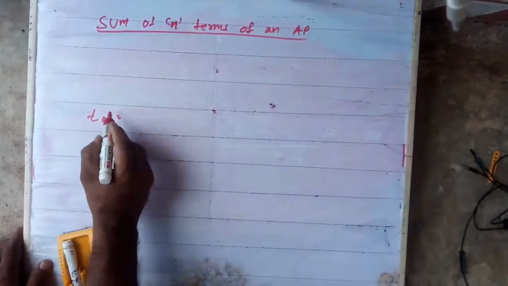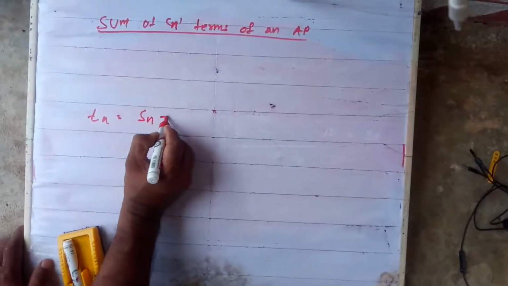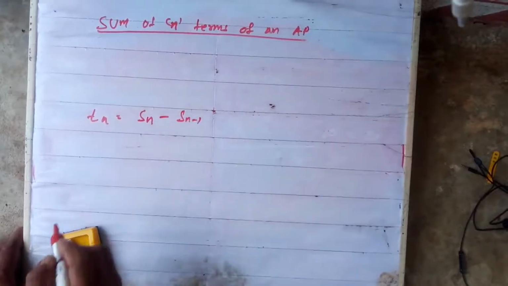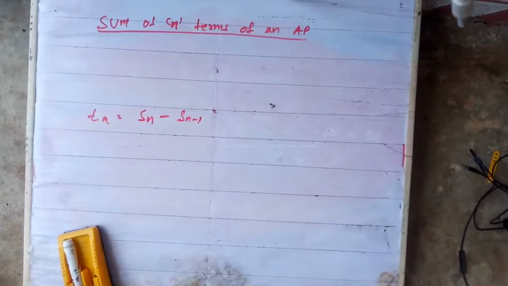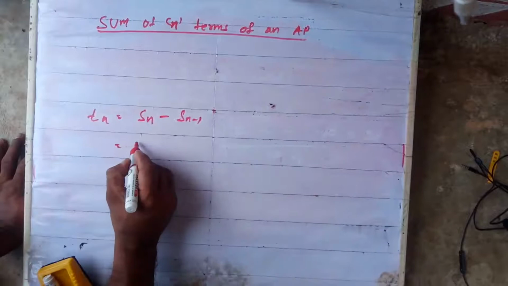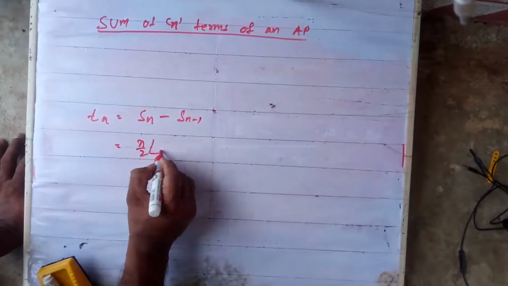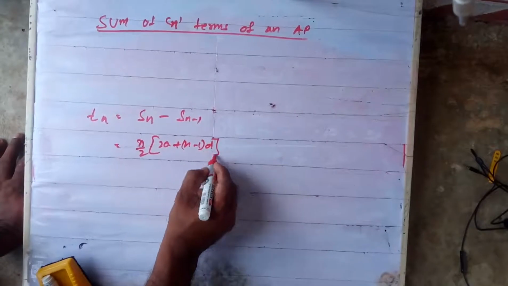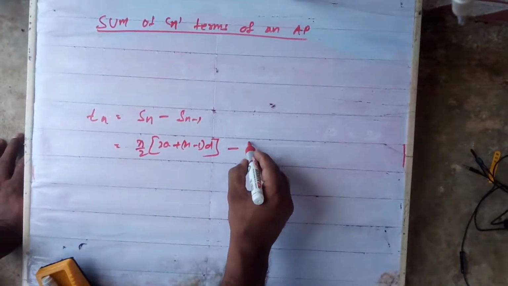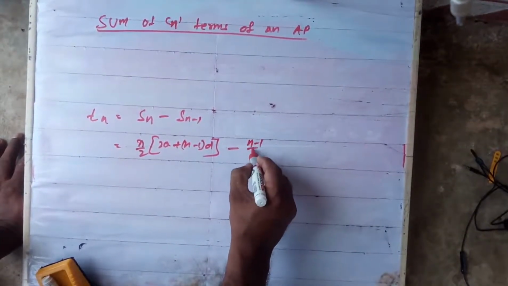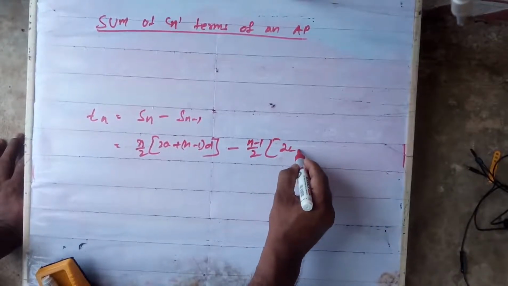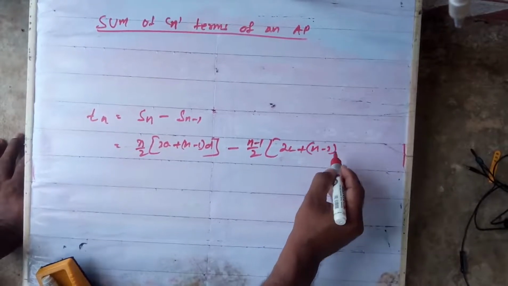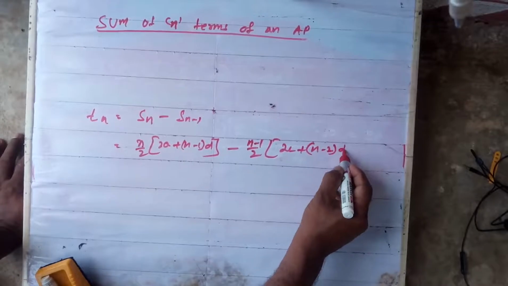Similarly, Tn is equal to Sn minus S(n minus 1). You can prove it also. Sn is equal to n by 2 into 2a plus n minus 1 into d. Similarly, minus n minus 1 by 2 into 2a plus n minus 2 into d.